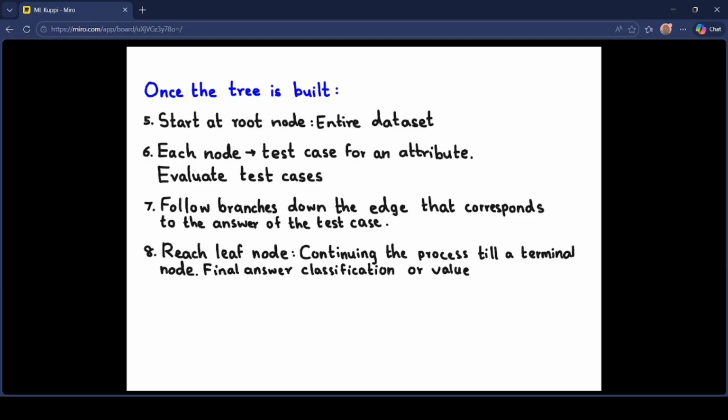And then we are going to follow down the branch corresponding to the answer of the test case. We're going to test multiple test cases and go down the branches corresponding to the respective test case, until we reach a terminal node, a leaf node. That final answer would be our classification or our regression value. This might be a bit confusing when I just talk about the steps, so we'll dig into an example and try to figure this out.